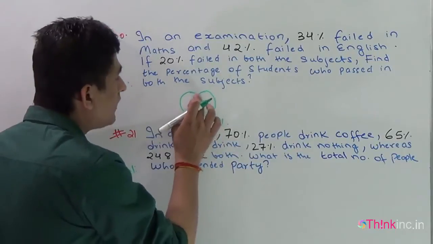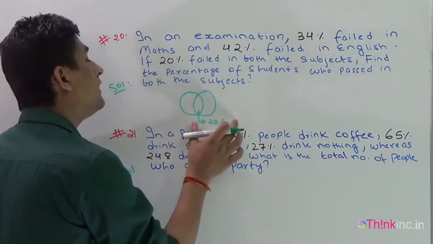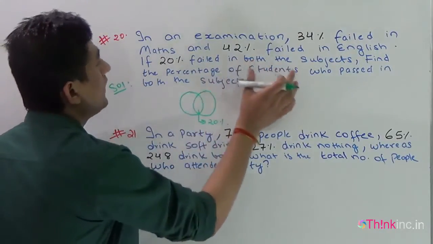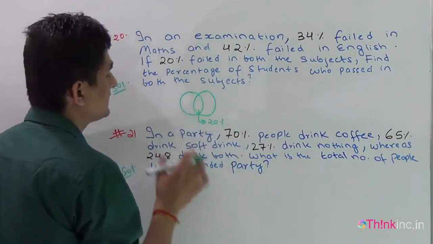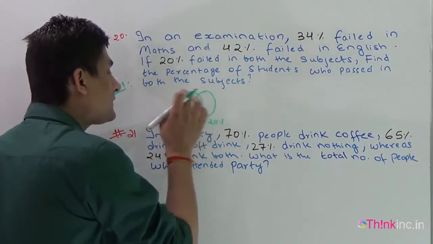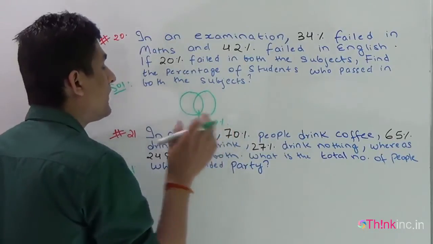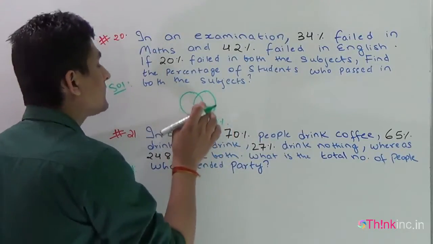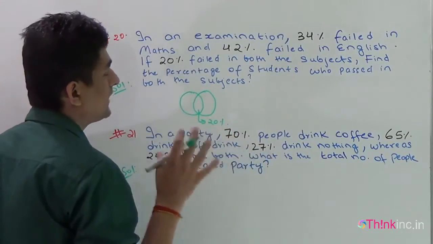That means this common region is 20%, the area of the students who failed in both the subjects. This circle and this circle will define individually the section where students failed in each subject.